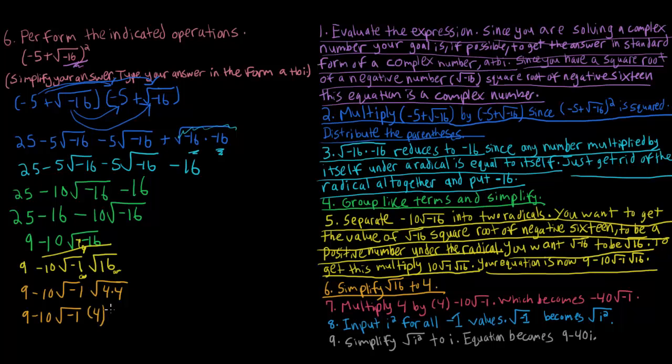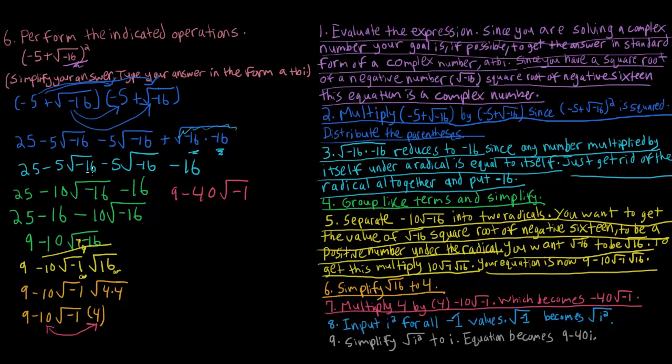And then for step 7, you need to go ahead and multiply that 4 that's left outside of the radical to the right of the radical. We need to multiply negative 10 and 4, because these are the two terms outside of the radical. So you have 9 minus 40, because negative 10 times 4 is negative 40, and then square root of negative 1.